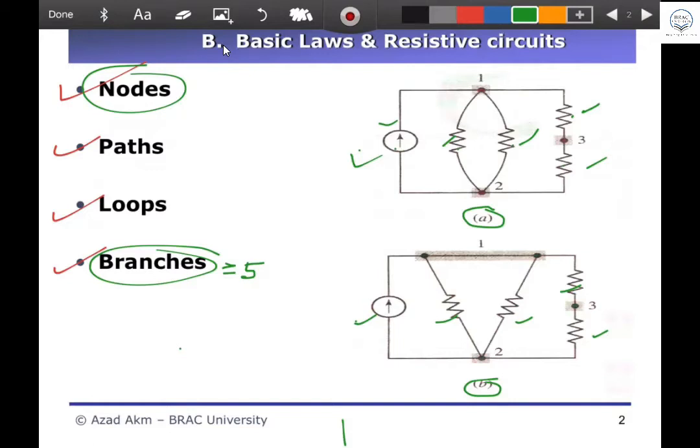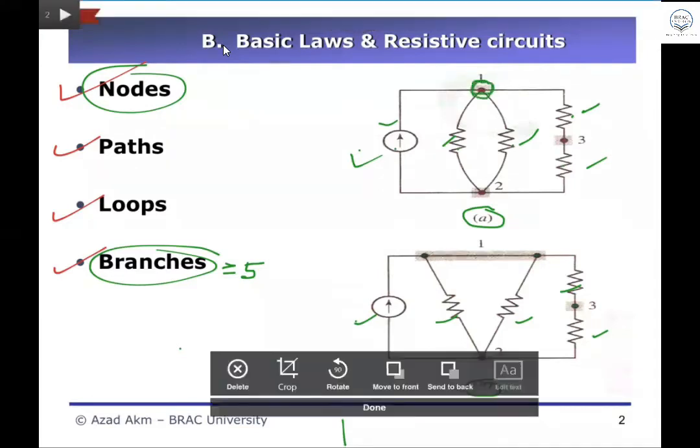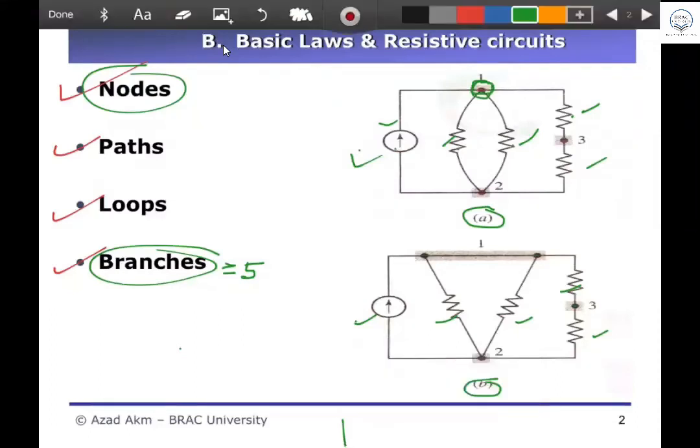So if this is the scenario, then for example, this is number 1, the joining point. This is the joining point of how many branches? 4, sir. Okay, look at it.